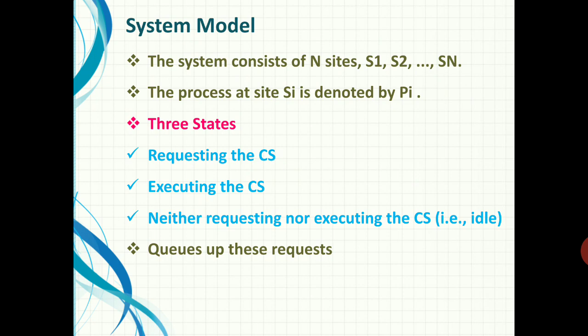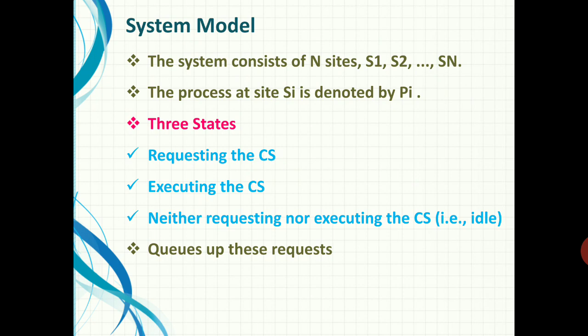In the idle state, the site is executing outside the critical section. In token-based algorithms, a site can also be in a state where the site holding the token is executing outside the critical section. We can call this the idle token state in the case of token-based algorithms.